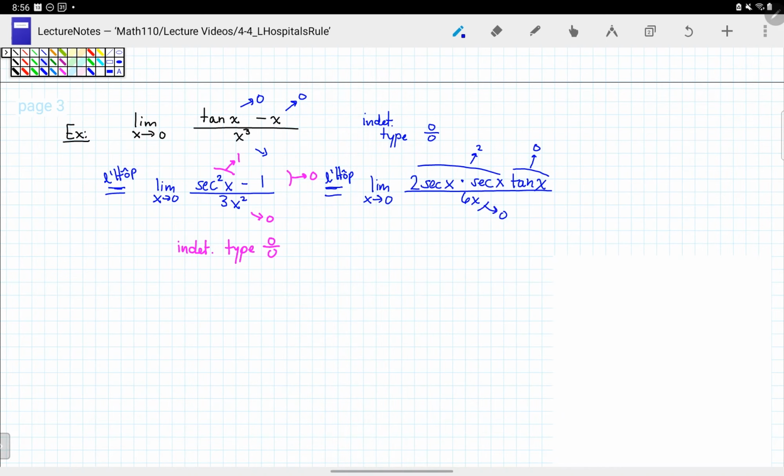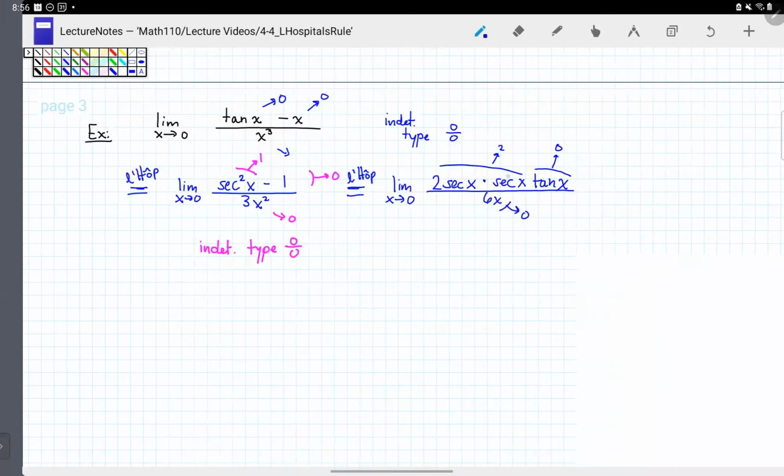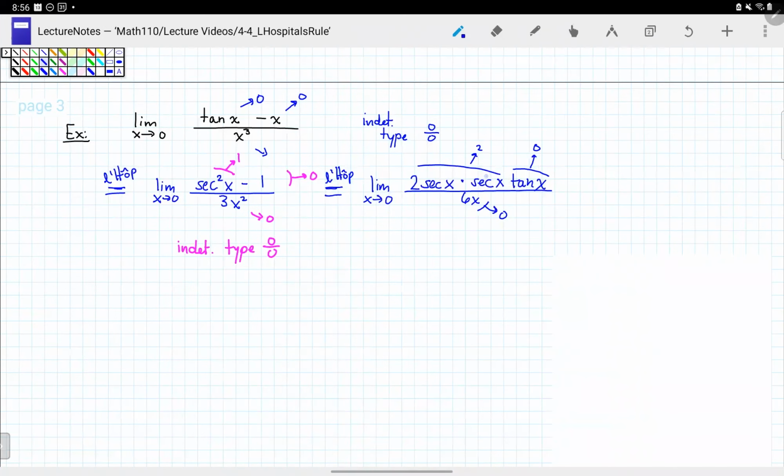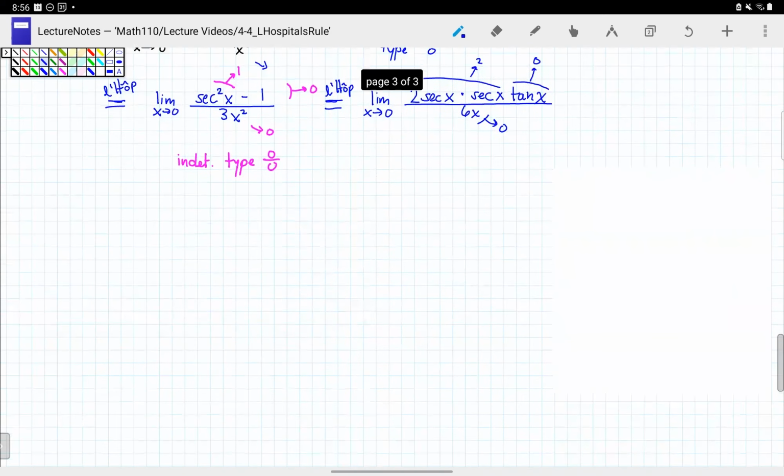But one thing I want to do is, if I take the derivative of this numerator as it is, I'm going to have to use probably the chain rule and the product rule. So this part that goes to 2 is kind of irrelevant to this limit. So I'm going to actually separate this out.